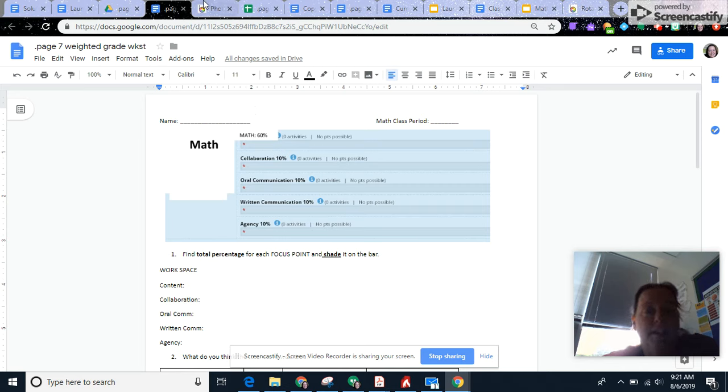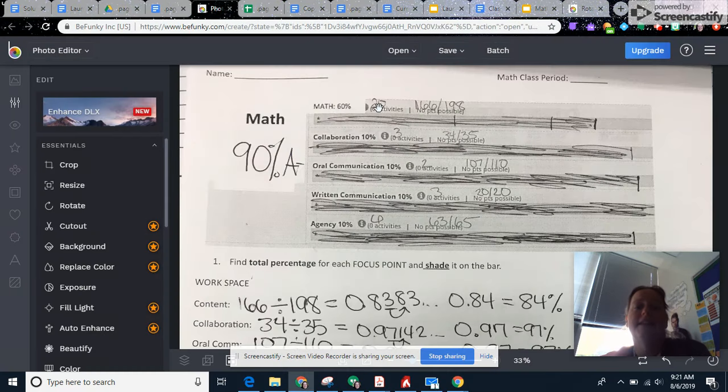So what you will see here, I'm going to flip over to the one that I've worked on, is that in math, and I took this information from a student during my first quarter last year. So if you're thinking about what can I expect, last year I had 20 content grades in the gradebook for first quarter, 3 collaboration, 2 oral communication, 3 written, and 6 agency grades.